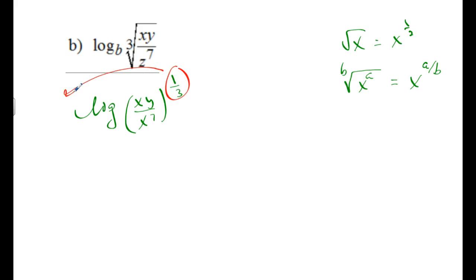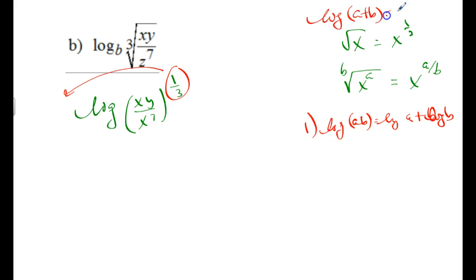Third property of logs. And the reason why I call it the third property is because that's the order I learned them in. The log of AB is the log of A plus the log of B. Careful, I just made the mistake that a lot of students make. The log of A plus B is actually nothing. You can't simplify that.